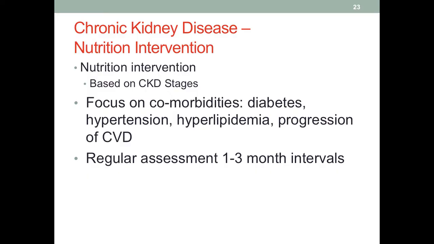For example, the causes of CKD, so things like hypertension, diabetes, obesity, lipid disorders, all of these should be adequately addressed with the help of nutrition therapy, because otherwise, if we're talking about a pre-dialysis patient, the loss of their kidney function will be accelerated if these conditions and diseases are not well controlled.